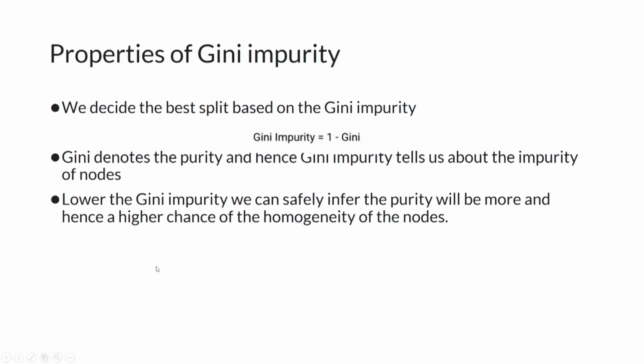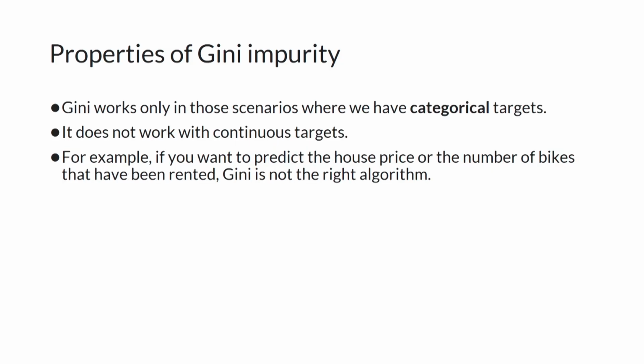So, we will try to find the attribute for which Gini impurity is less. We will calculate for all the independent variables, use those variables for splitting, and after splitting we will calculate Gini impurity for all these attributes, and finally select the attribute for which Gini impurity is minimum.